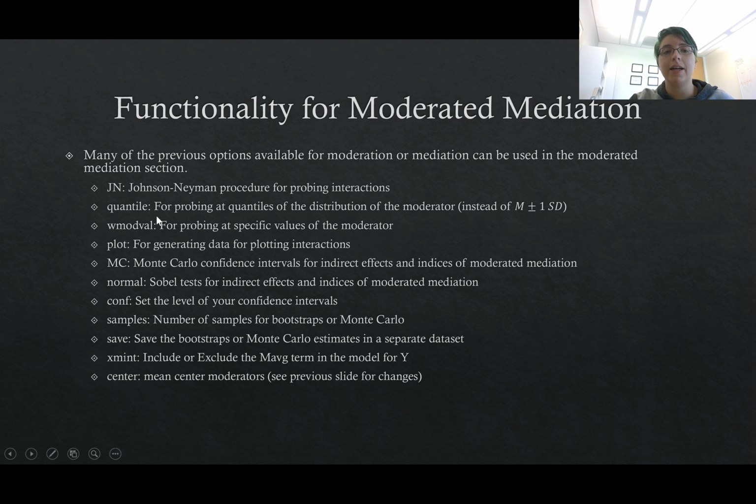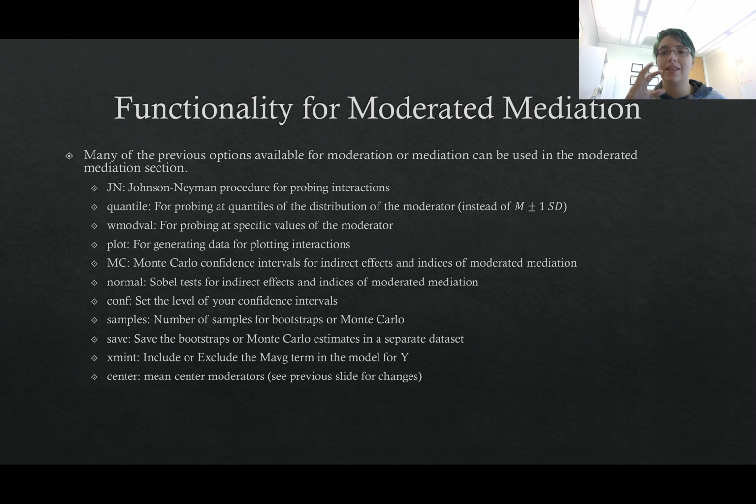We also have the quantile option. So the default in memory is to probe at the mean plus and minus 1 standard deviation of the moderator when you have a continuous moderator. And an alternative that Dr. Hayes has really pushed is to probe at the quantiles of the distribution. So based on the observed distribution of the moderator, probe at those different values. And this is particularly valuable if the distribution of your moderator is skewed, because the mean plus and minus 1 standard deviation could be outside the range of your data.